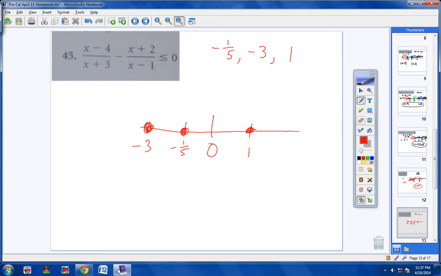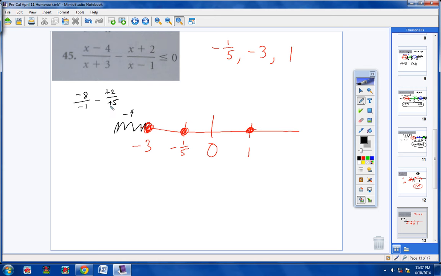And now let's start quickly testing some values. Shouldn't take too long. Let's first start to the left of the negative 3, and we're going to test negative 4. That's going to be a negative 8 over a negative 1 minus, and negative 4 and a 2 is going to be a negative 2 over a negative 5.